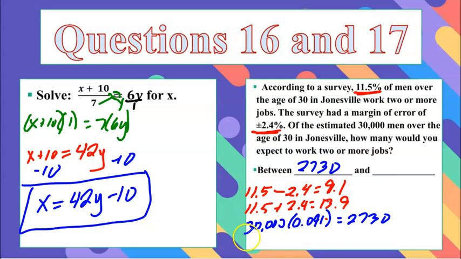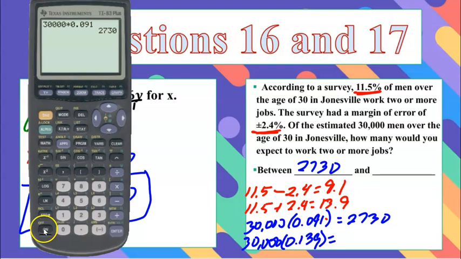Next, we're going to do the high side. So you're going to take 30,000 and multiply that by 0.139. Grab our calculator again. 30,000 times 0.139 equals 4,170.